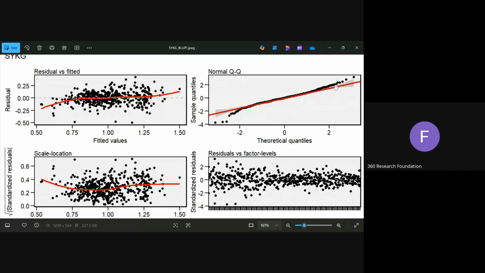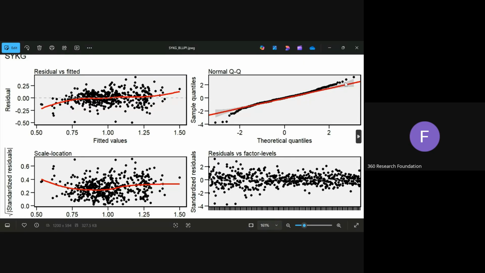So this QQ plot also indicates that the residuals are following the normal distribution. They are not deviating, because you see, the majority of data points are following the red line. So the residuals are following the normal distribution.